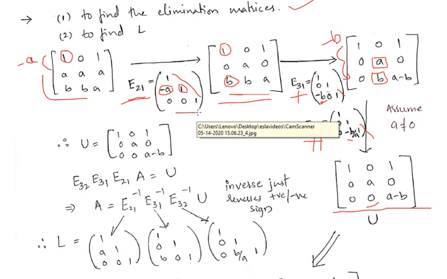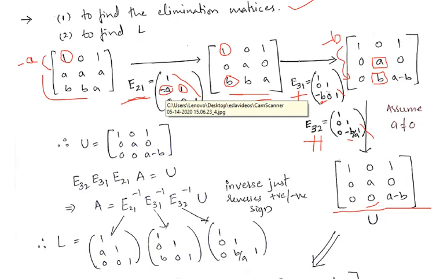What do you get? The upper part of this elimination matrix is 0. So 1 0 0, 1 into 1, 0 into 0 plus 0 into b, so it is 1 only, so you are getting 1 here. Correct.